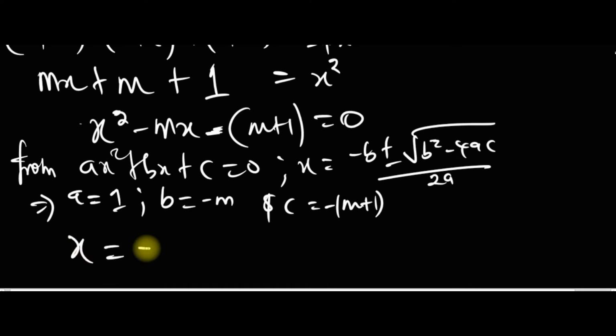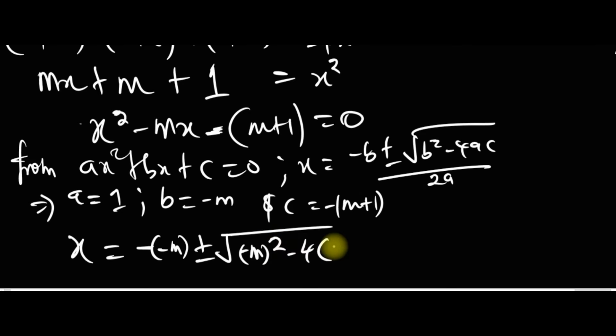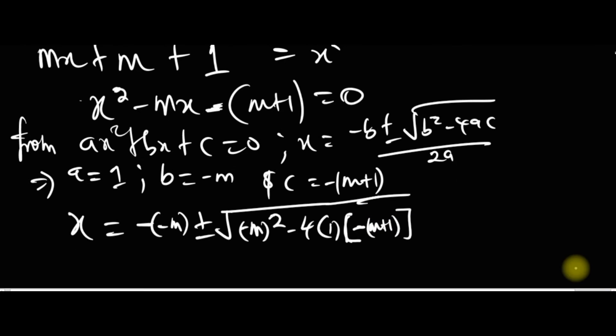So x is minus b, which is minus minus m, plus or minus the square root of minus m all squared, minus 4 times a, which is 1, times c, which is minus m plus 1, over 2a, over 2 times 1, which is 2.